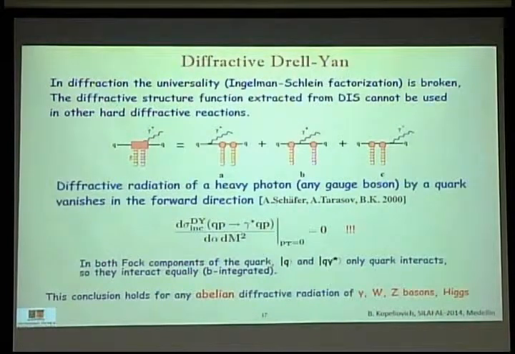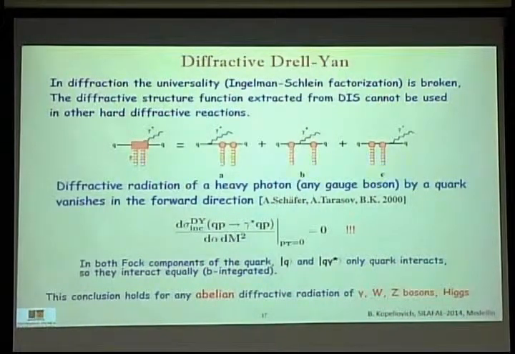To get inelastic diffraction, you need a difference between different components. However, here, the presence of a photon in the Fock components of the quark does not change the interaction, because the photon does not interact. So this means two components, bare quark and quark plus photon, interact equally.